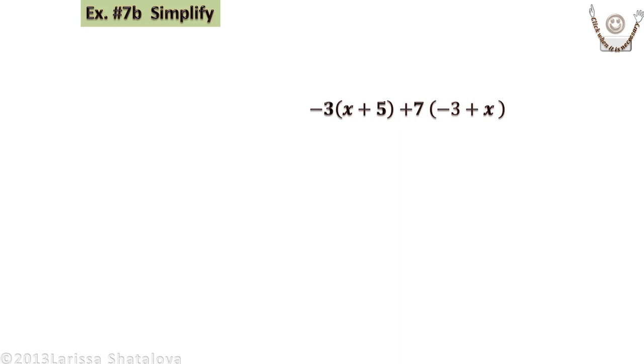Example 7b, simplify. In order to simplify, we have to remove parentheses, so we have to use the distributive property. First, we have to distribute the multiplication by negative 3 and then by positive 7.